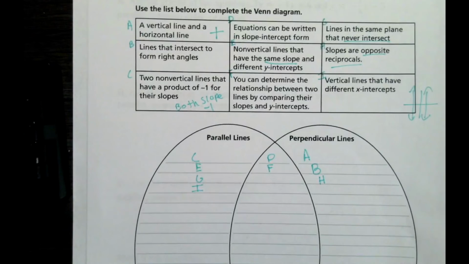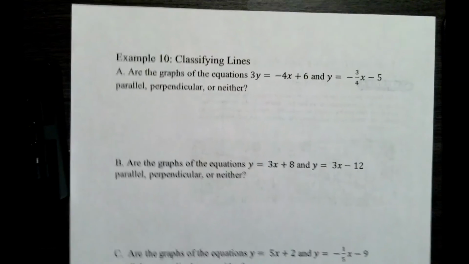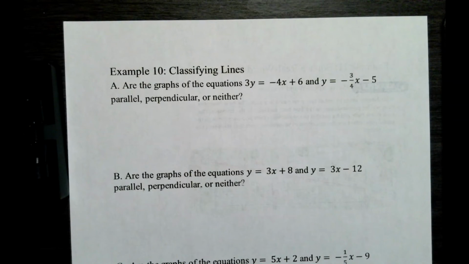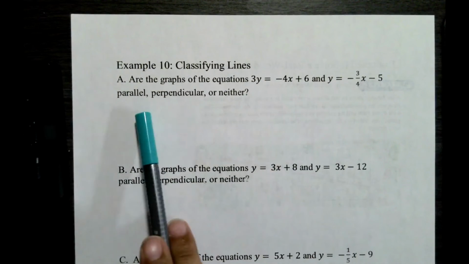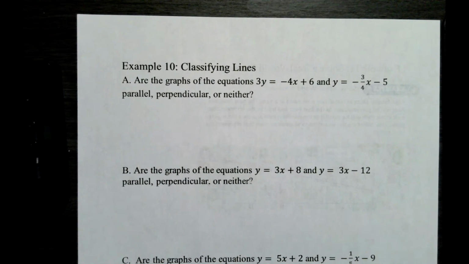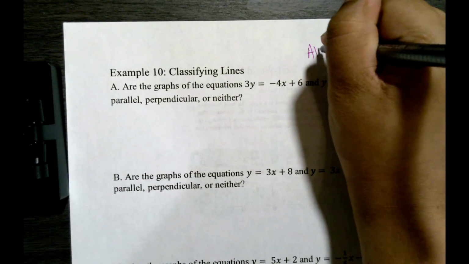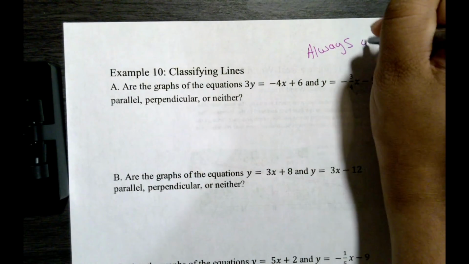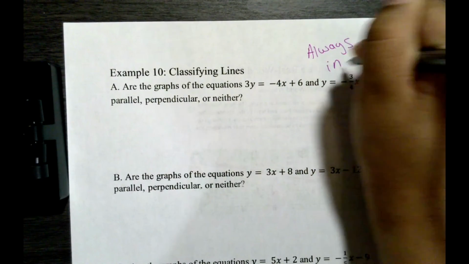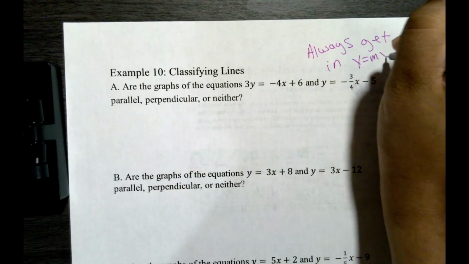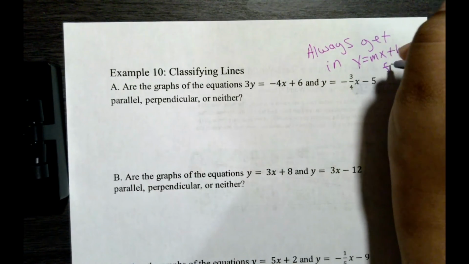So it says, are the graphs of the equations, so they give you two, parallel, perpendicular, or neither? Well, always, here's the first step. Get in y equals mx plus b form. Always. If it's not in that form, then you can't compare them.